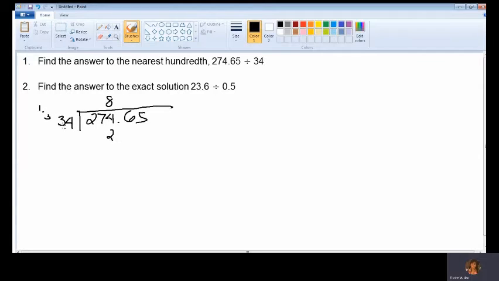And then 8 times 3, that is 24, plus 3, that is 27. Okay? So 274 minus 272, that will give us an answer of 2. And then bring down 6. Okay? And then just align your decimal point here.